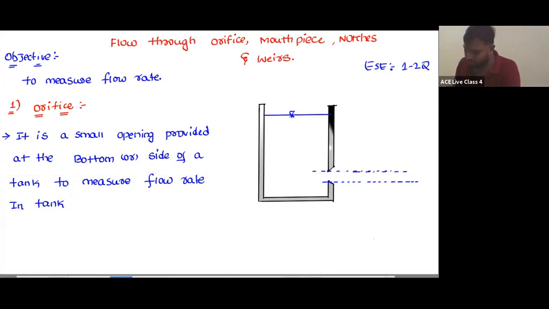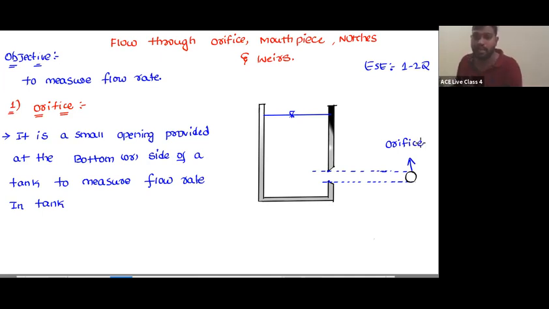Okay. So whatever the opening, whether it is a circular opening, a rectangular opening, or a square opening, generally we prefer circular orifices only. Yes. So mostly we prefer the circular, and this is known as an orifice.